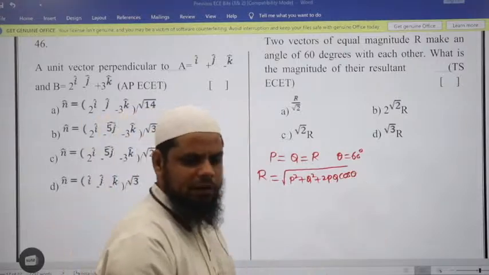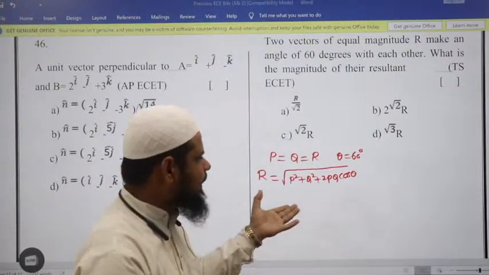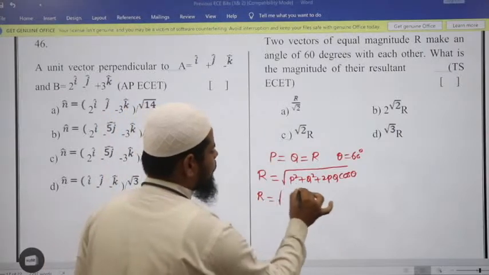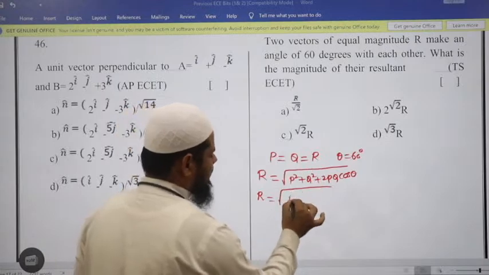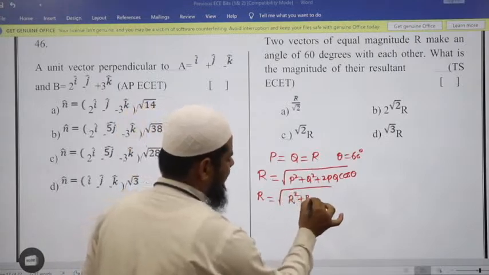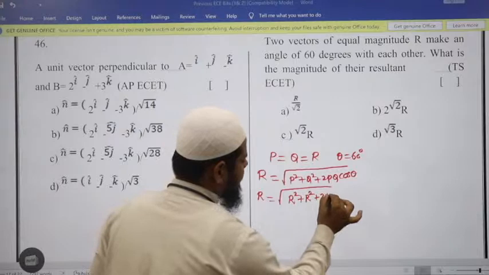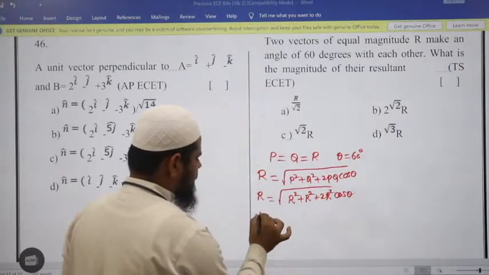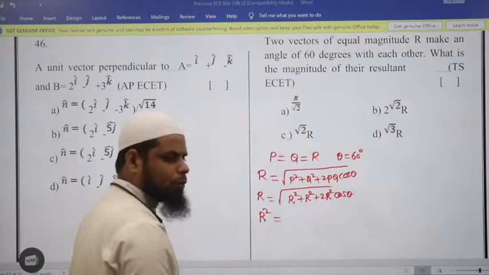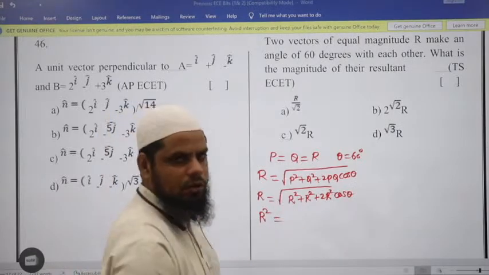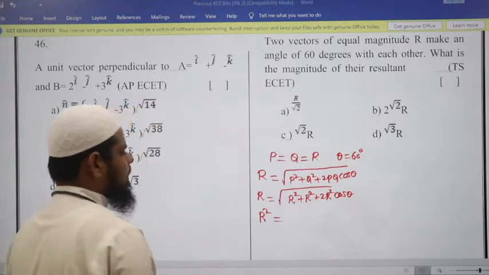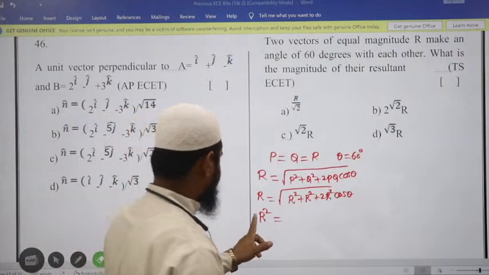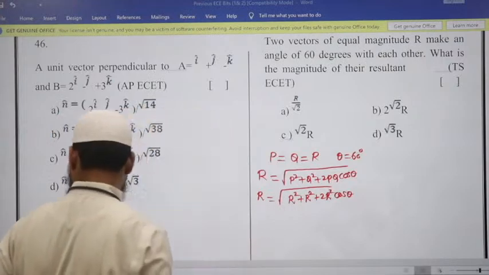Can anyone guess this? Already we have done this kind of problem. So R is equal to root over, what is the P square here? R square plus R square plus 2R square cos theta. So R square is equal to, squaring on both sides, the resultant, what we need to find, let it be the resultant.